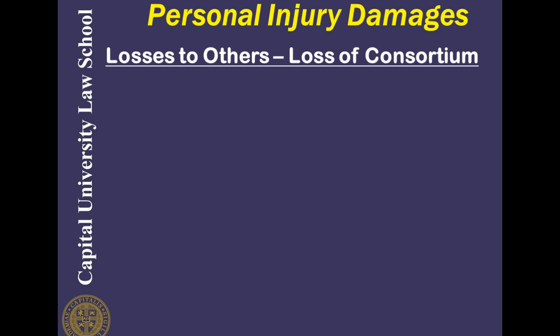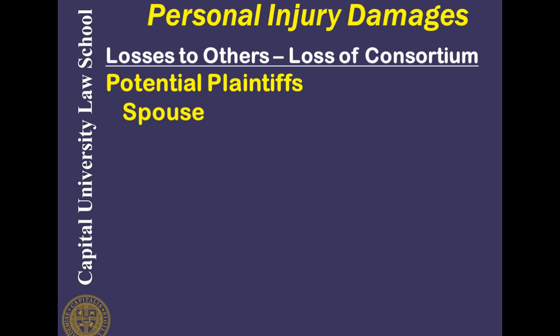If he can prove his injury, then the wife's claim of loss of consortium will be permitted. In most jurisdictions, loss of consortium is permitted for the spouse. That is the husband and the wife, or the husband and husband, wife and wife. If the jurisdiction permits any type of marital relationship, they will most likely permit loss of consortium for the spouse.